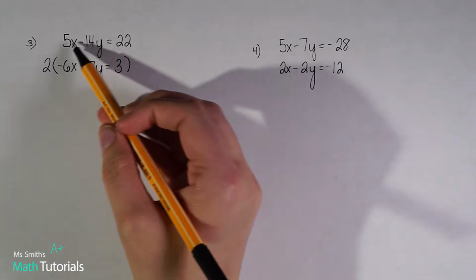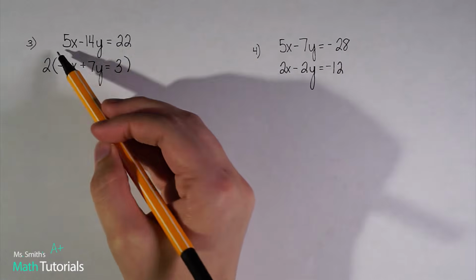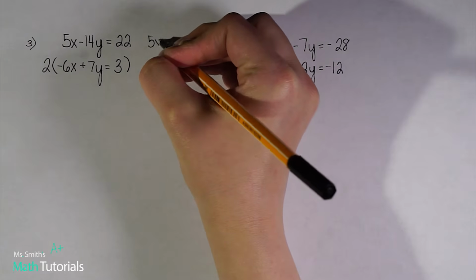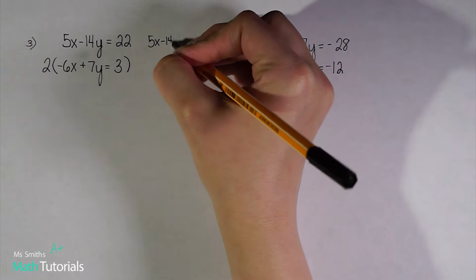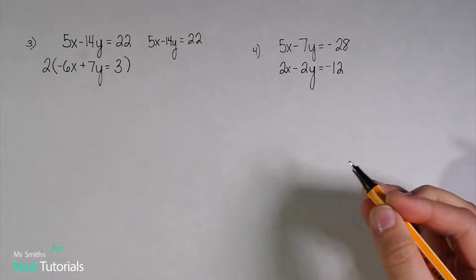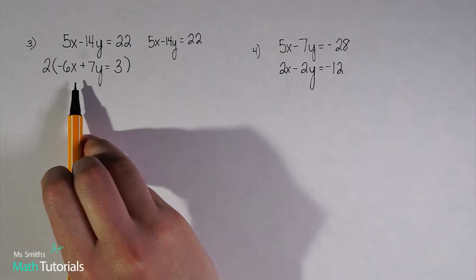I don't want to change the top at all. So I'm not going to multiply anything by the top. I want to keep that exactly as it is. So I'm just going to rewrite it. 5x minus 14y equals 22. The bottom, I want to see some changes.